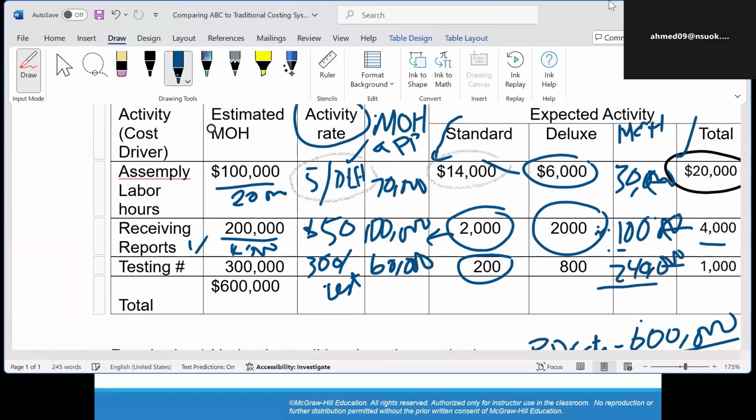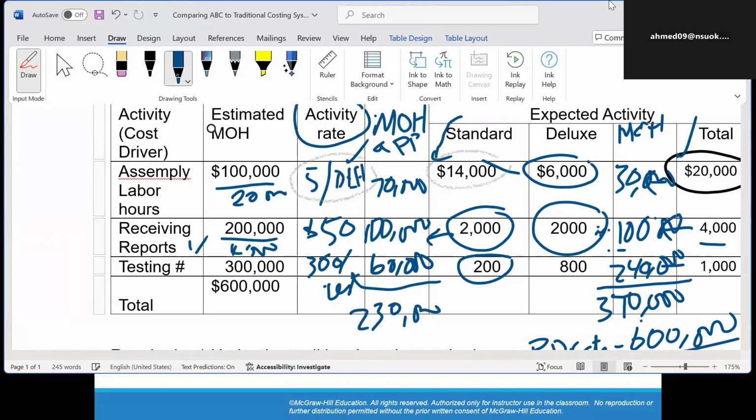Now we have to add all these together. This one adds up to 370,000, and this gives me 280,000. So that is the total overhead cost.